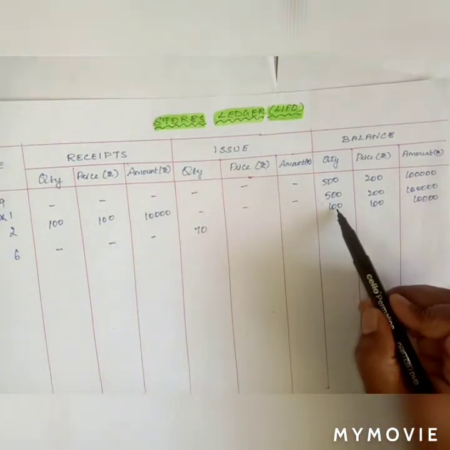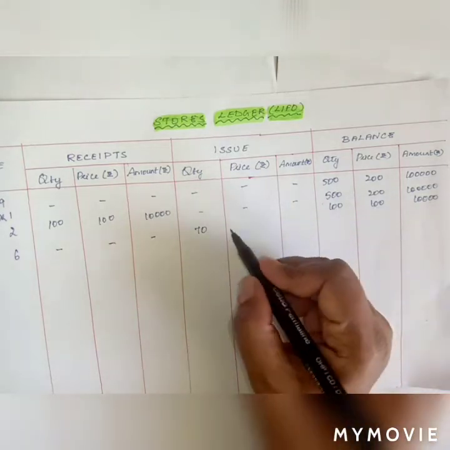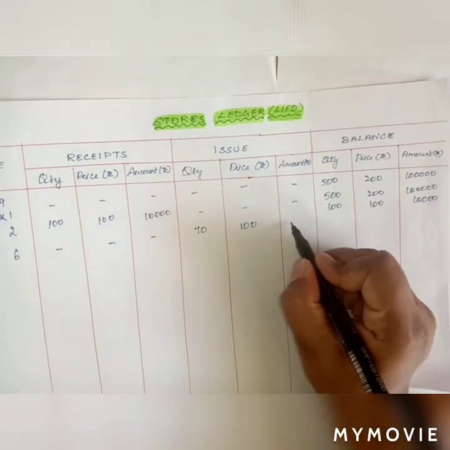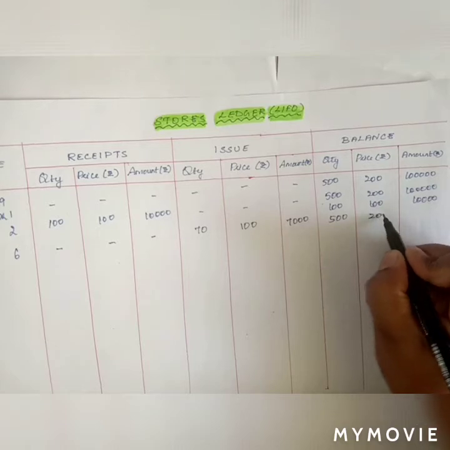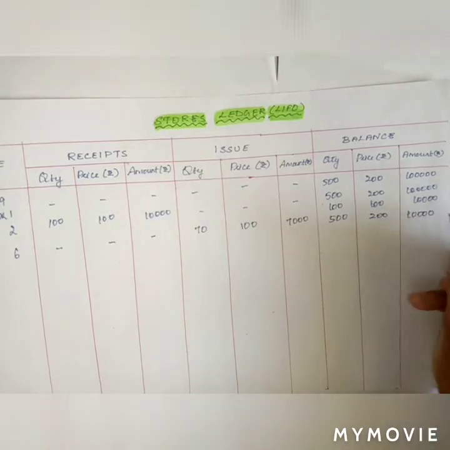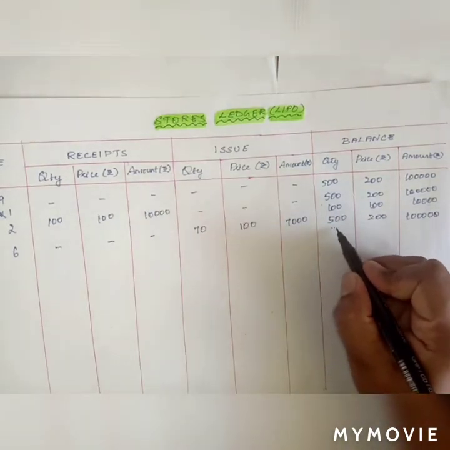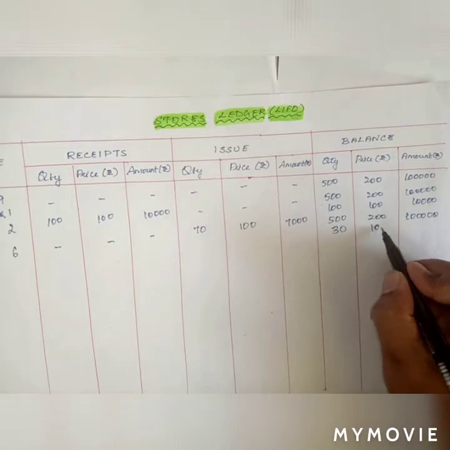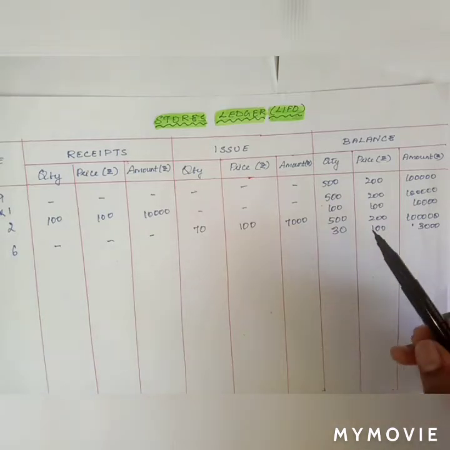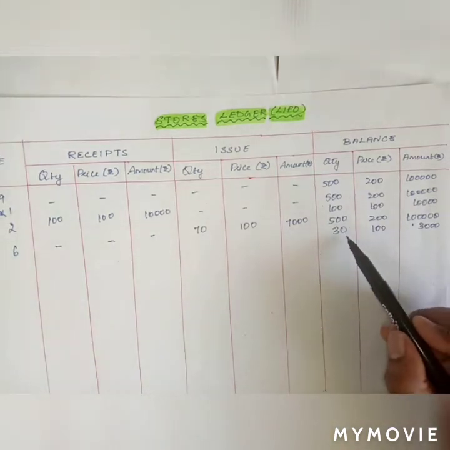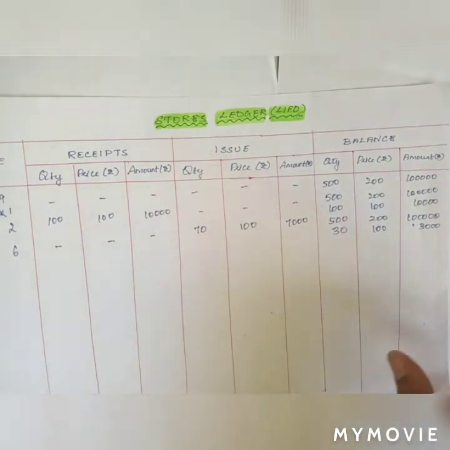The 70 tons will be issued out of this 100 tons which was received at the latest, so the rate will be 100 rupees, which is 7,000. The 500 units have not been utilized at all, and out of the 100 units you have issued 70 units. The balance is 30 units at 100 rupees each, which is 3,000. So on 6th March you have 500 tons at 200 rupees each and 30 tons at 100 rupees each after issuing 70 tons at 100 rupees.